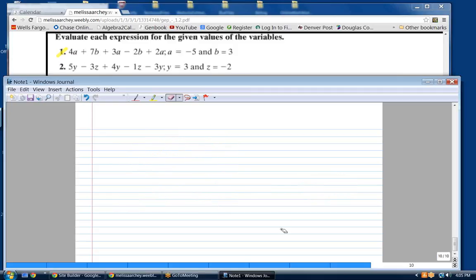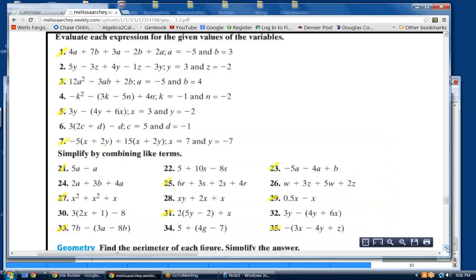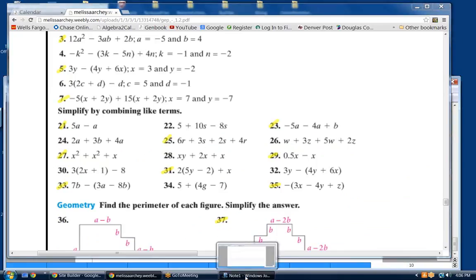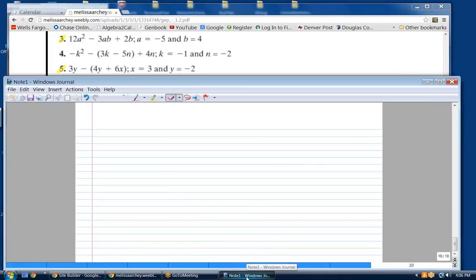All right, awesome. Let's see. We want to go down and find all the yellow ones. Well, we can't combine anything here, so tell me what to write. 12A squared.